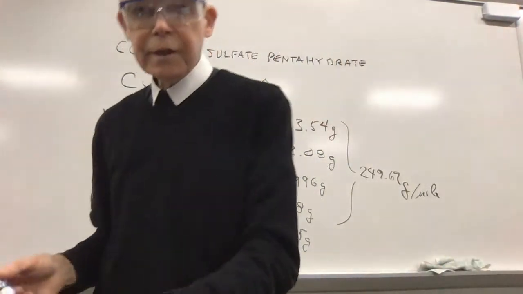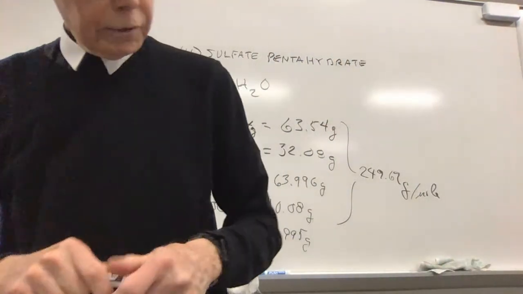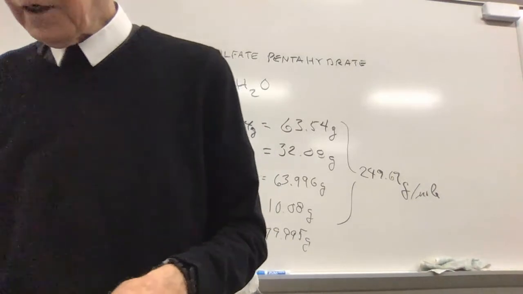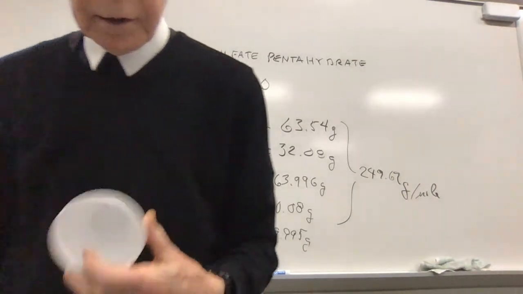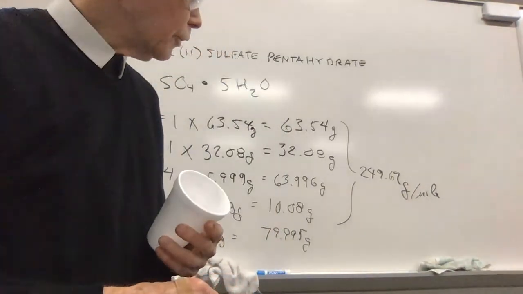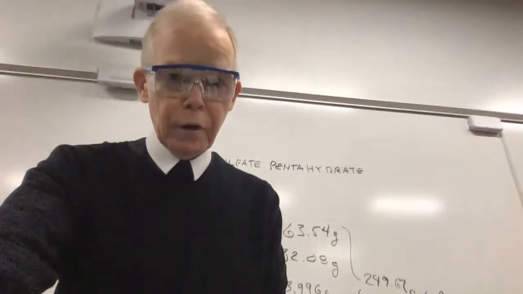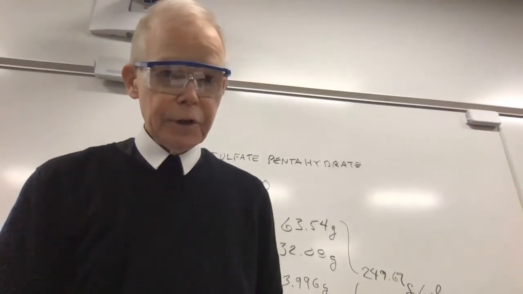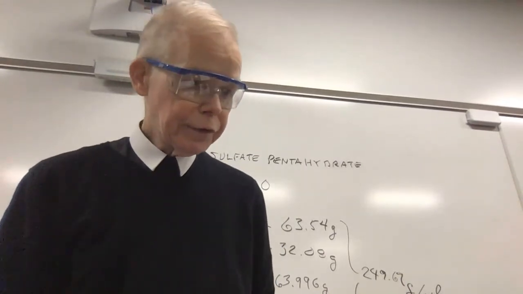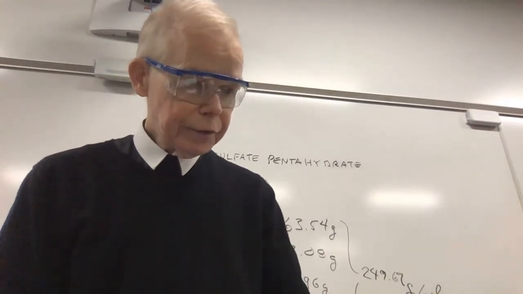Now let's mass it out using our electric scale. Since 249 is a lot of copper sulfate, I'm hoping that the scale has the capacity to hold it all. Sometimes it's right at the edge of what the scale can do. I'm going to first place a styrofoam cup on the balance.